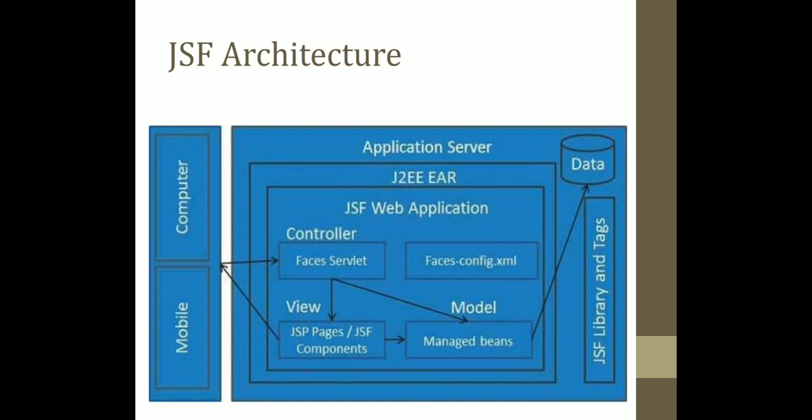So it supports internationalization, that is translation, with the help of JSF. You can create applications in different languages with the help of JSF, and the application can be made adaptable to various languages and regions.